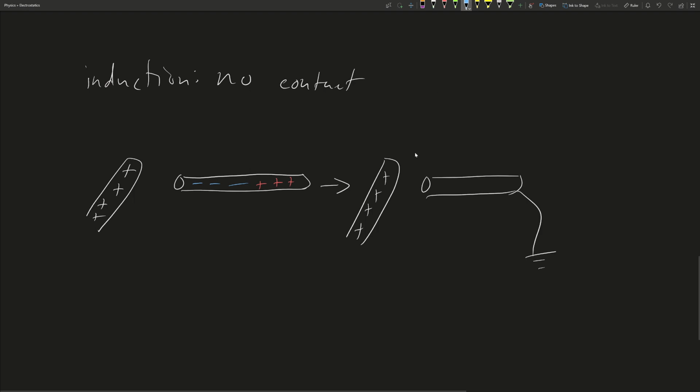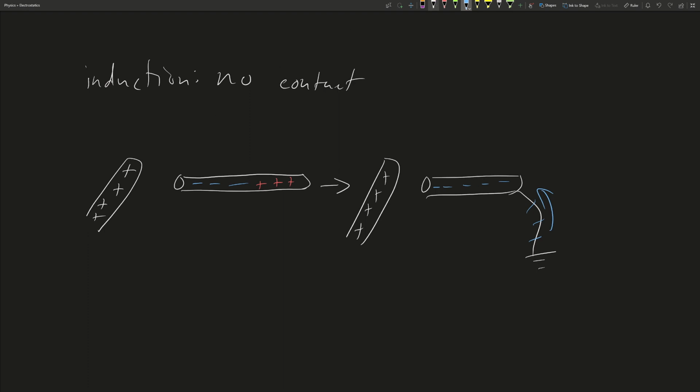Now, like we said before, Earth has an unlimited supply of electrons. So the electrons can travel through this connection to the rod, and they'll neutralize the positive end of this. So electrons will flow from Earth into this copper pipe.